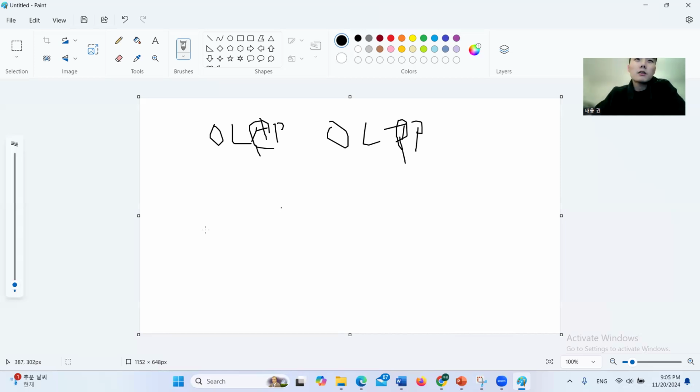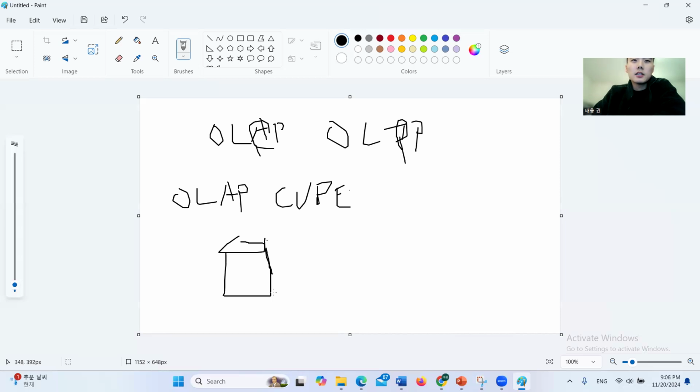So the core of OLAP is what they call the OLAP Cube. It is an abstract concept, but it is very easy to understand in the sense that it just refers to multidimensional data where each edge refers to one element of the particular data set.